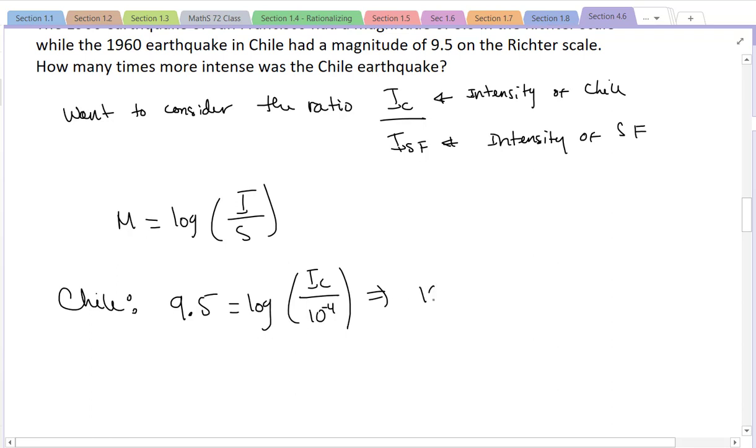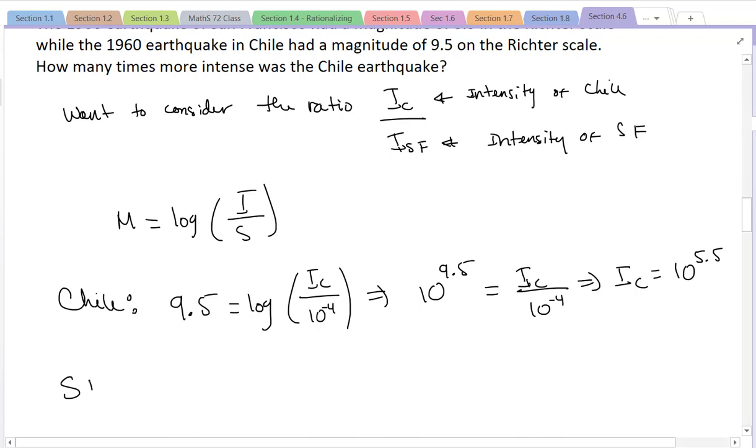So it's a log base 10, so I'm going to have 10 to the 9.5 is equal to I, the intensity Chile, over 10 to the minus 4. Again, multiply both sides by 10 to the minus 4. So I'm going to have the intensity of the Chilean earthquake was 9.5 minus 4, so 10 to the 5.5.